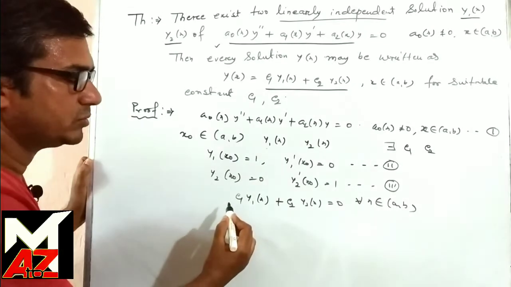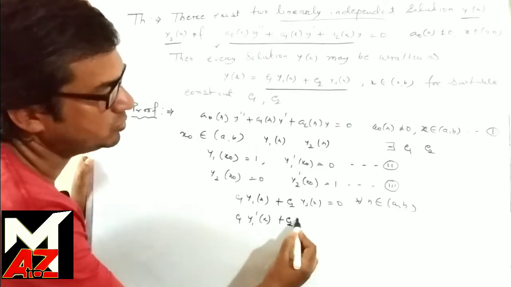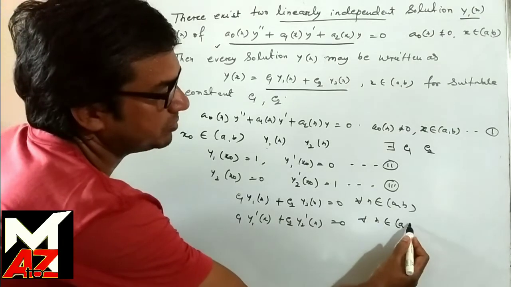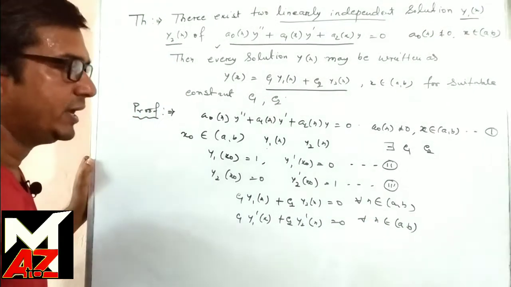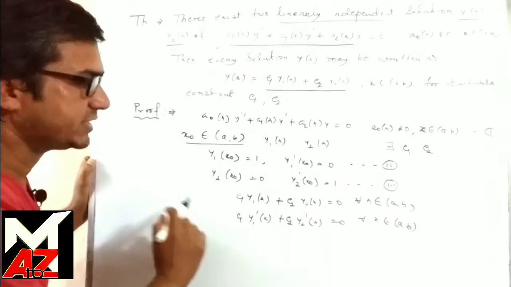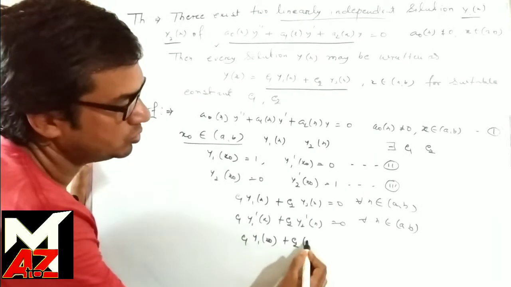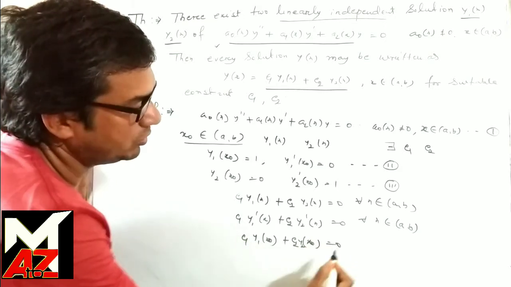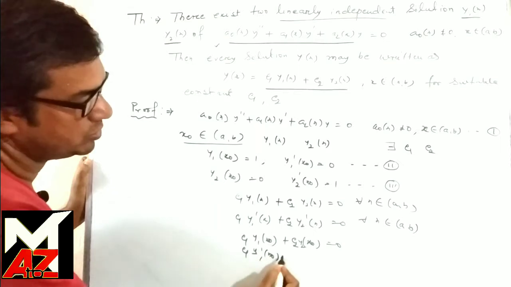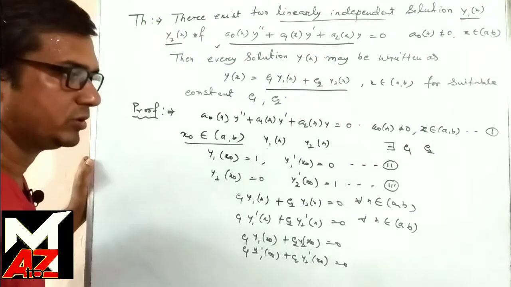And differentiating we get c1 y1'(x) + c2 y2'(x) = 0, also for all x belonging to (a,b). Okay, and since x0 belongs to (a,b), we must have c1 y1(x0) + c2 y2(x0) = 0 and c1 y1'(x0) + c2 y2'(x0) = 0.